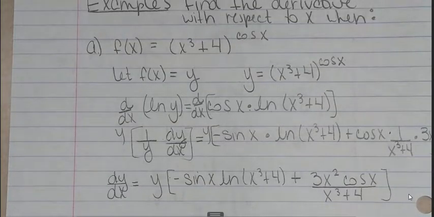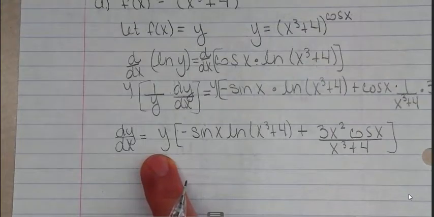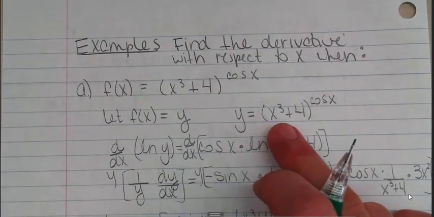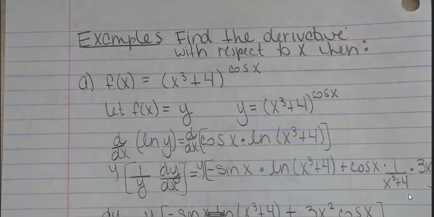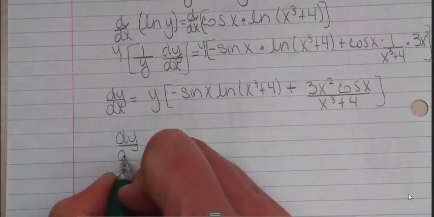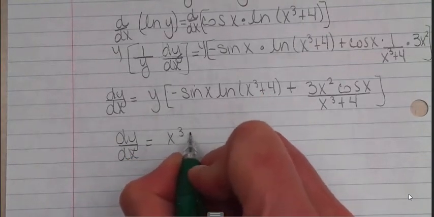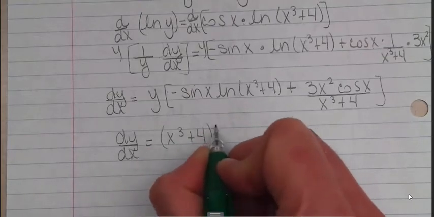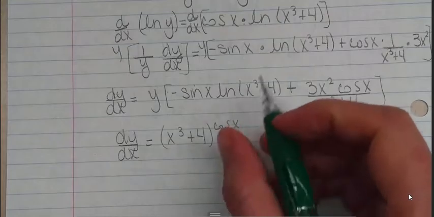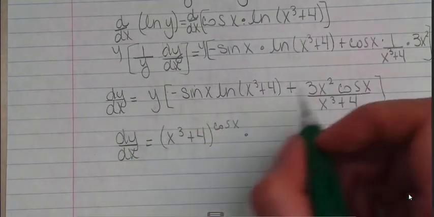Okay, so I guess the last thing I need to do is really just plug in what y is. So y, originally we had let that be x cubed plus 4 raised to the cosine x. So my final answer will be x cubed plus 4 raised to the cosine x times the rest of this stuff.